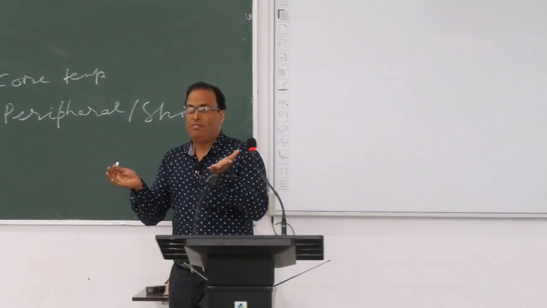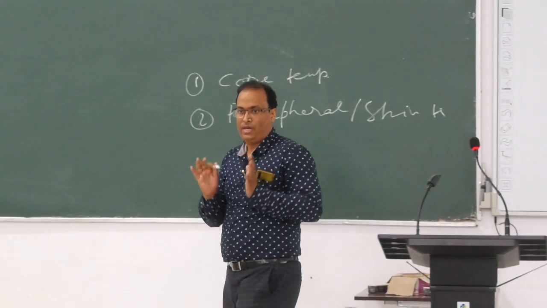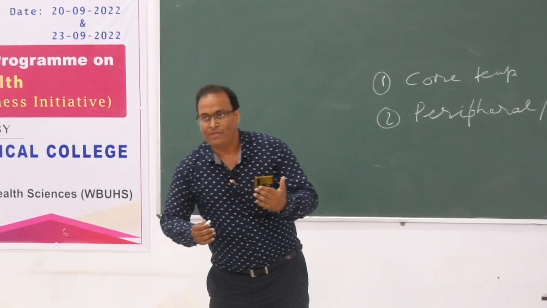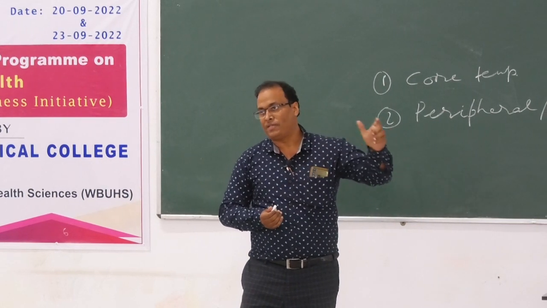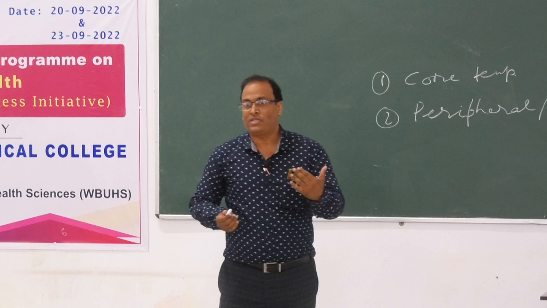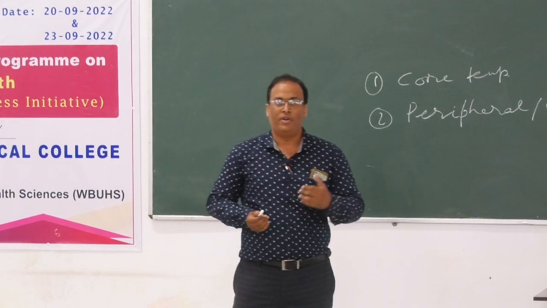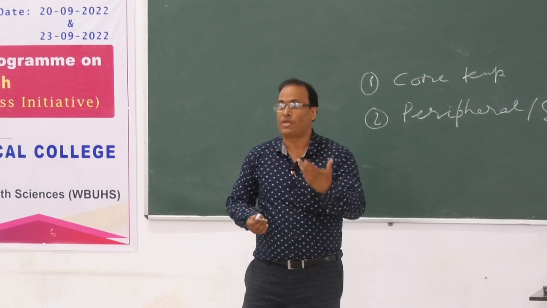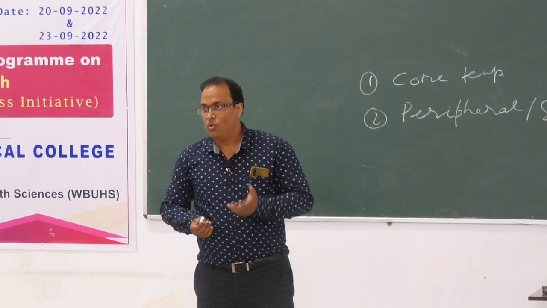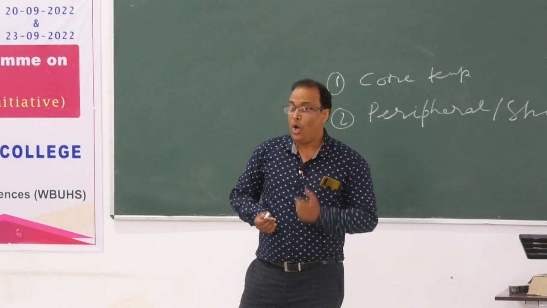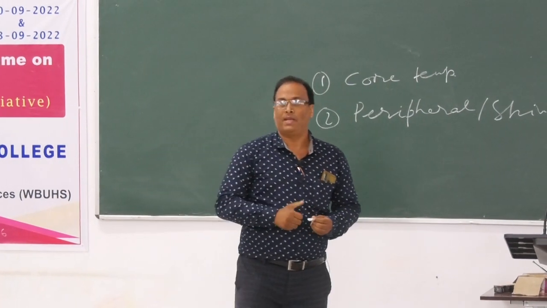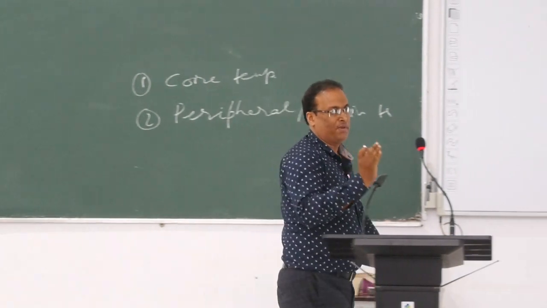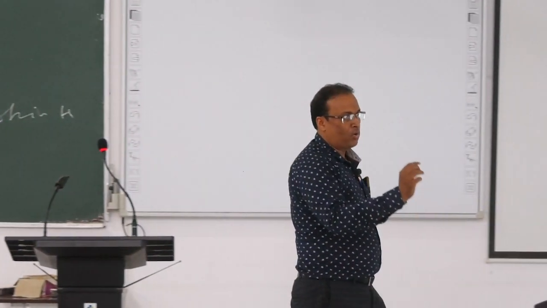Core temperature must be constant. If it is constant, that means a term will come: homeostasis. Now, temperature homeostasis. If you are asked how it is controlled, who the controller is, and where it is controlled, do not be confused. Homeostasis means temperature must be controlled at a constant level or a constant range.